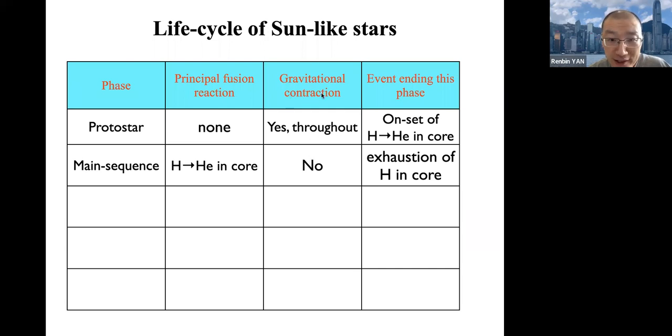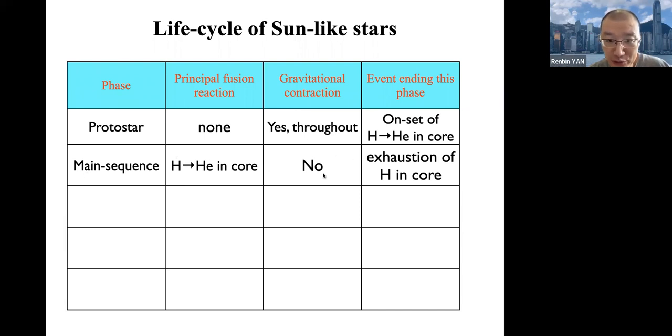Gravitational contraction was hypothesized as a possible energy production mechanism for the sun, but if it were doing that, it wouldn't last 10 billion years. It would only last several hundred million years, and that is too short. So we proved that hypothesis cannot be an energy production mechanism for the sun.